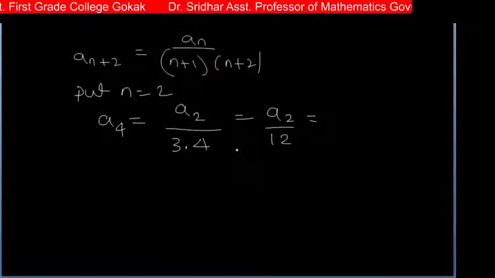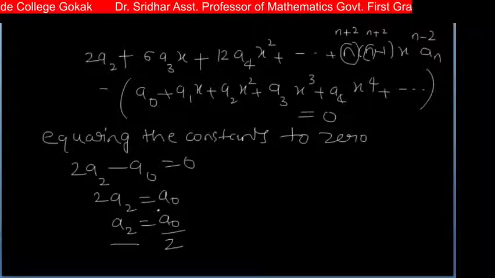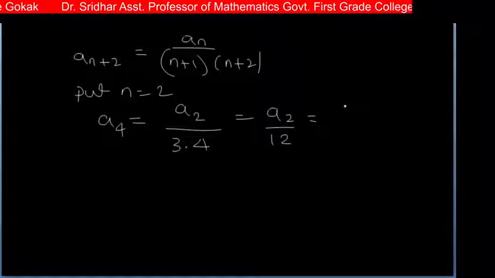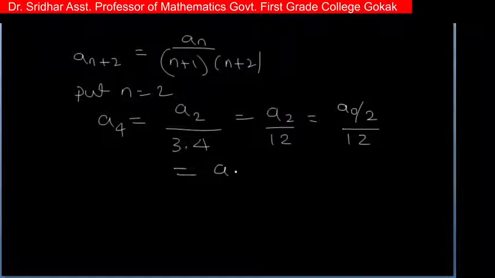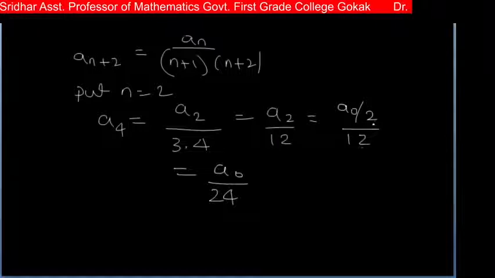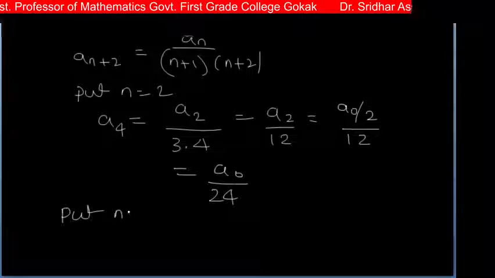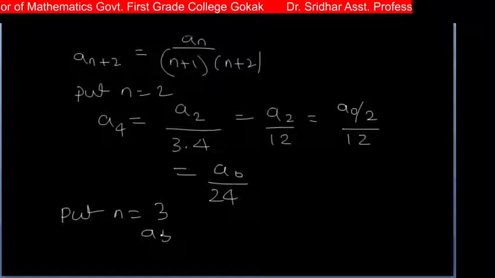Now what is a2? a2 is a0 by 2. So a4 is a0 by 2 by 12, which is a0 divided by 24.